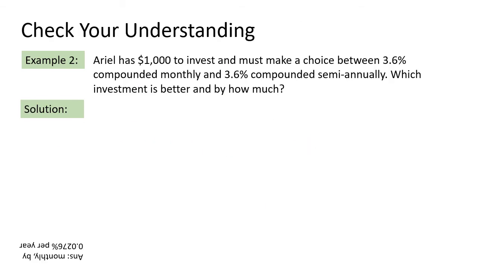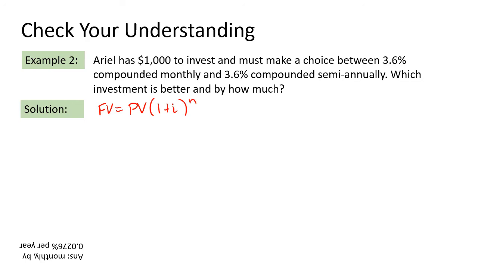Let's look at a second example. Ariel has $1,000 to invest and must make a choice between 3.6% compounded monthly and 3.6% compounded semi-annually. Which investment is better and by how much? So again, looking at our formula, future value is equal to the present value times 1 plus the periodic interest rate to the exponent n.